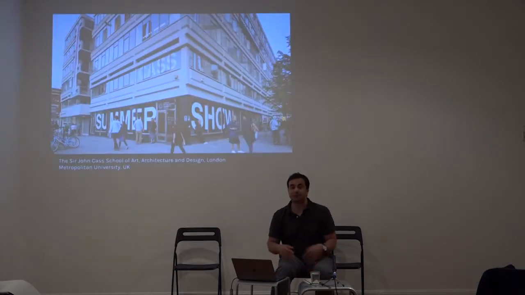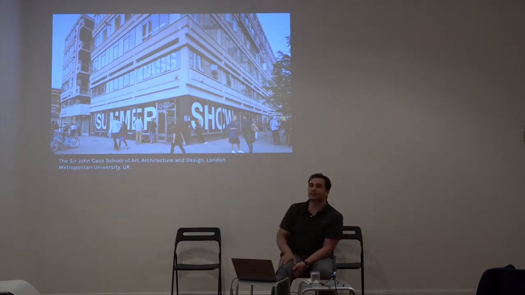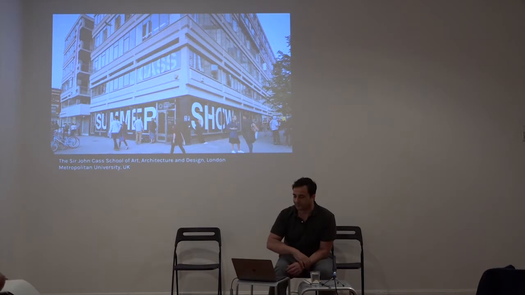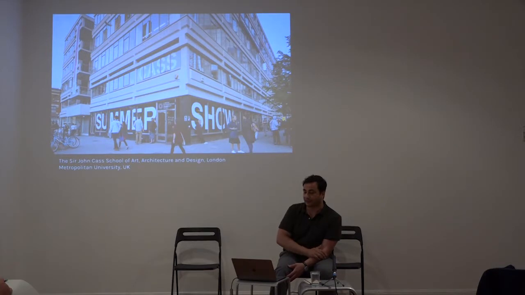Just as a way to self-situate myself, this is the place where I work. It's my main place of work, the CASS School of Art, Architecture and Design, part of London Metropolitan University.